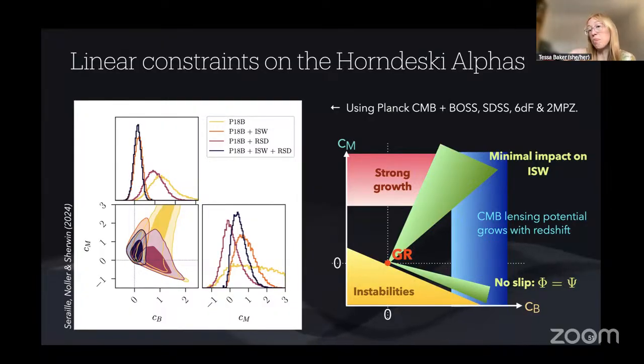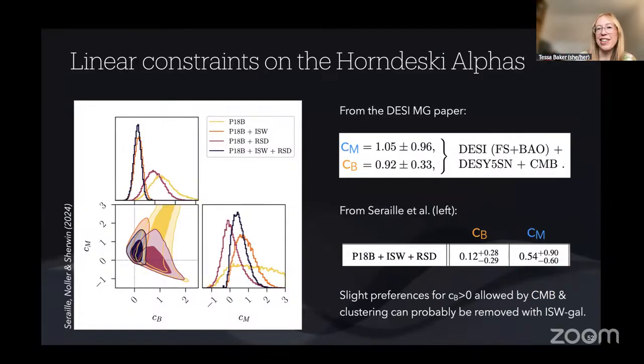So this is purely my personal speculation in some sense, but I think probably if we see an analysis in future that does this cross correlation, we might see that kind of preference in the DESI paper for modified gravity to go away. This is just quantifying that in numbers. So here are the bounds that we had in the DESI analysis, where CB is completely consistent with, CM is consistent with 0.